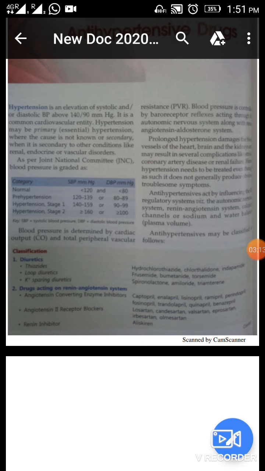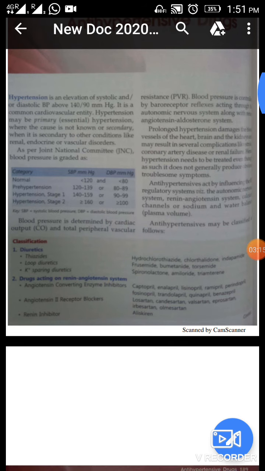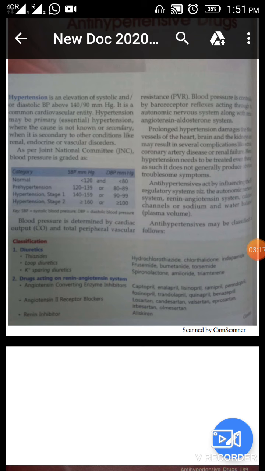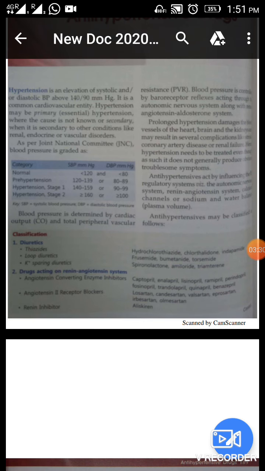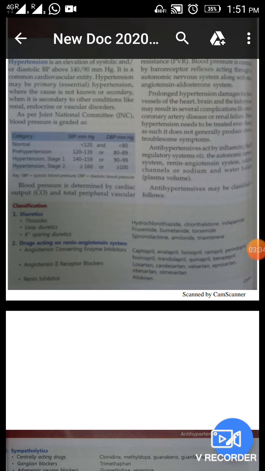Then the second class is drugs acting on the renin angiotensin system, that is RAS, right? The renin angiotensin system has a major role in the pathophysiology of hypertension, right? These are again classified into three classes.